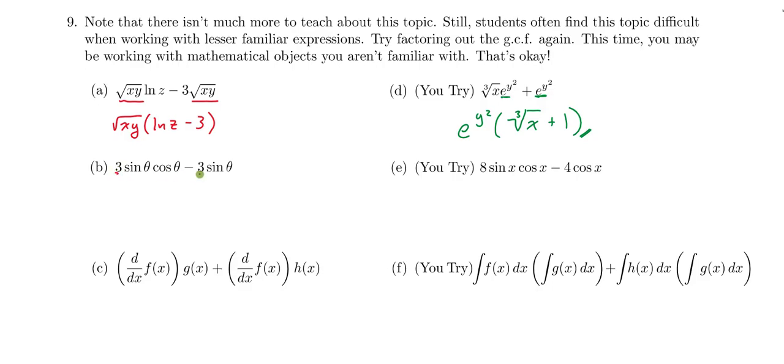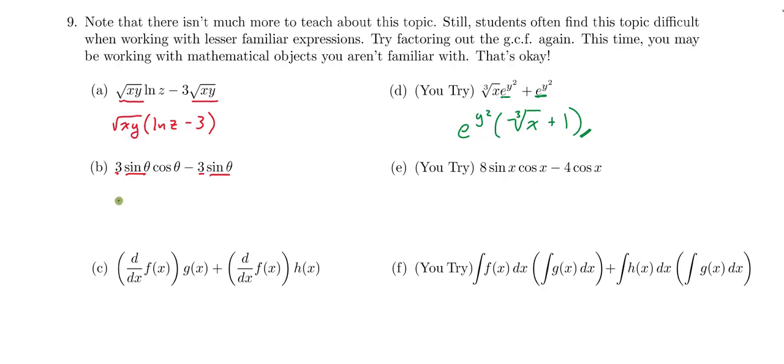Notice both terms share a common factor of 3. They also both share a common factor of the sine of theta. And at this point in the course, we've only just introduced, or maybe we haven't even yet introduced, these sine and cosine expressions. Nonetheless, they represent particular ratios, so that means they represent numbers, and we can factor them out the way we factor out all other real numbers.